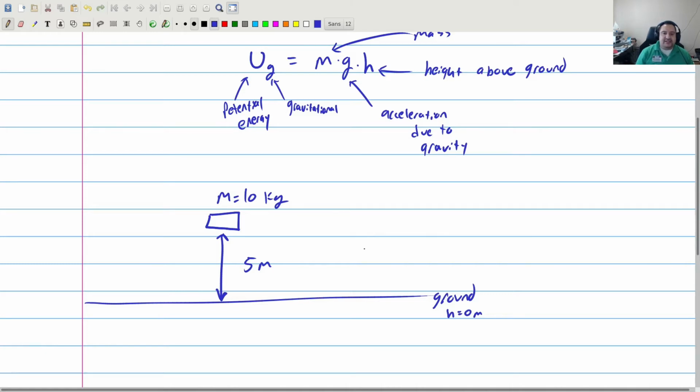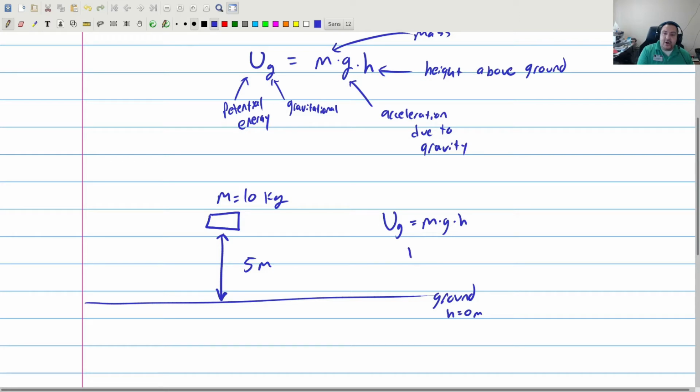So you can imagine this is part of a movie. We paused it, and this is what it looks like right now. Okay, so we can say U sub G equals M times G times H. If you have a hard time remembering that formula, just remember Ugh McGuh.